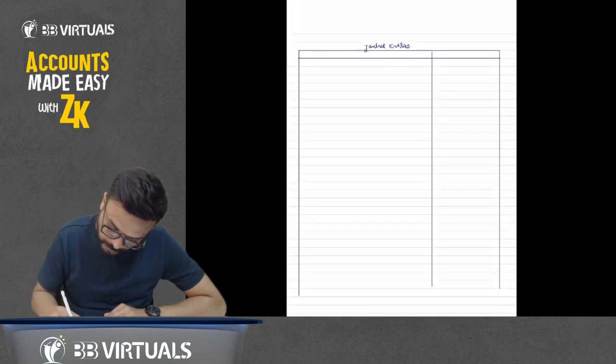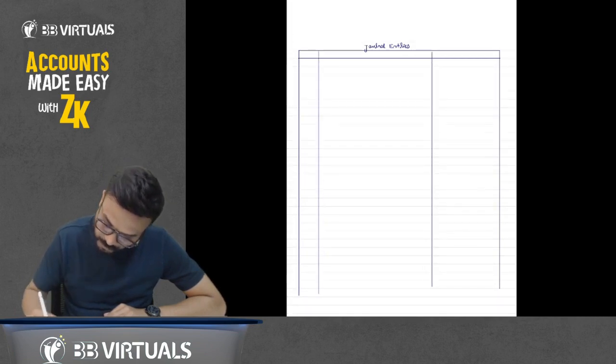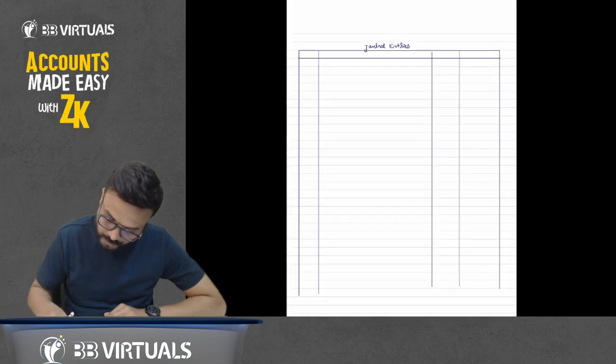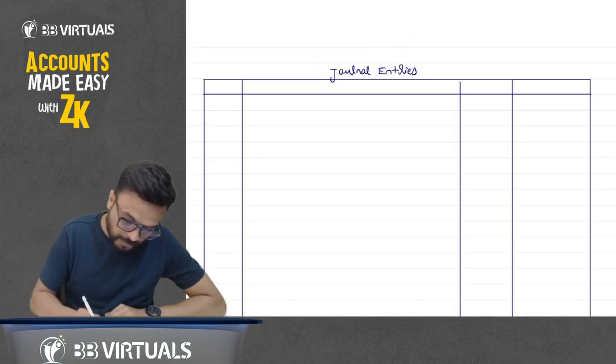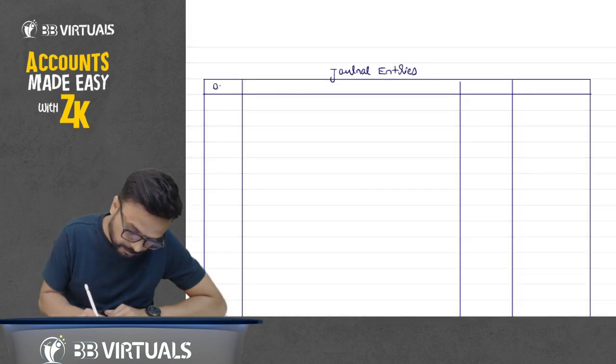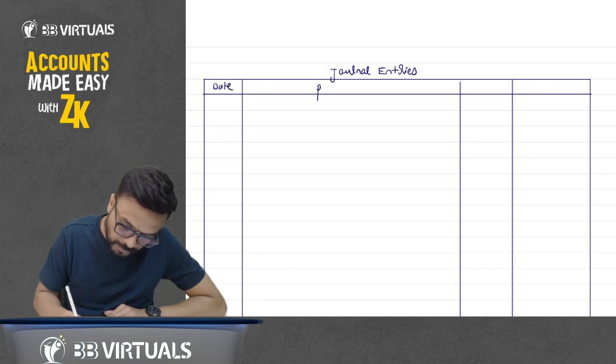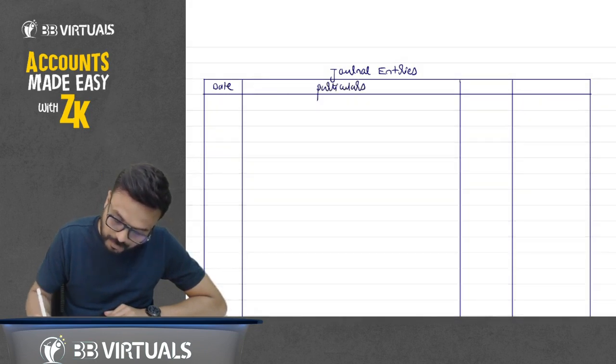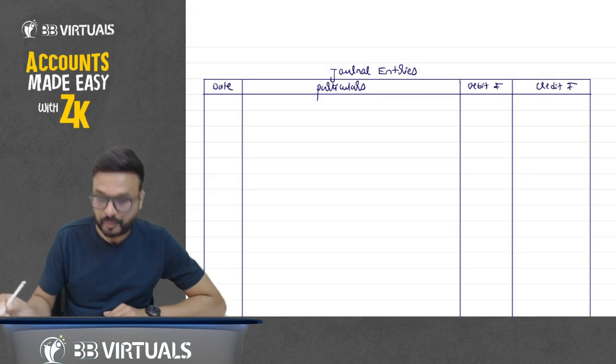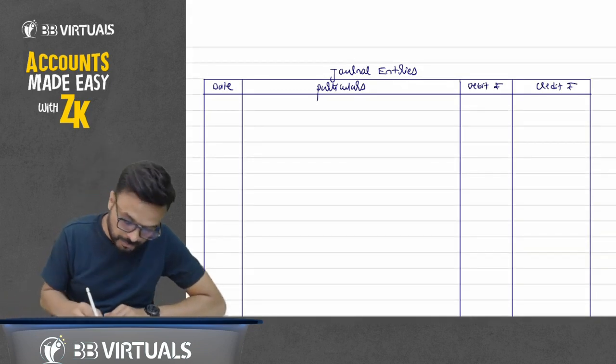Date, particulars, debit, credit amount. Okay. So draw this for one page.